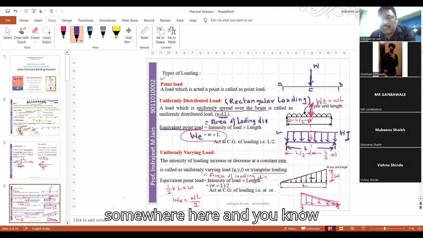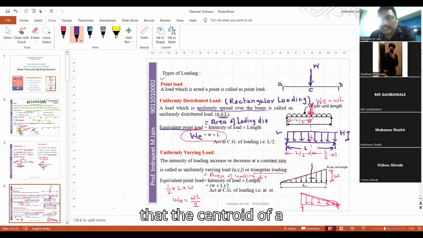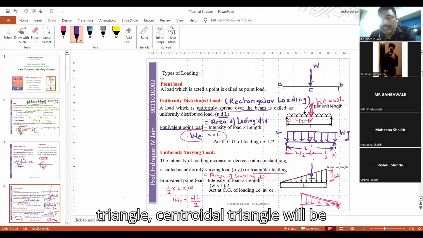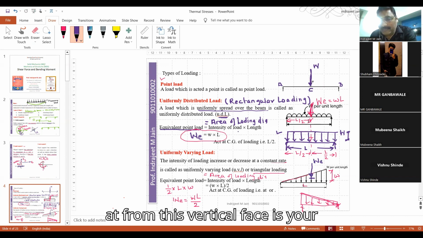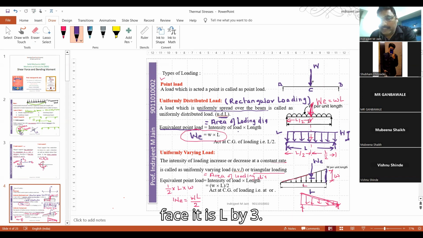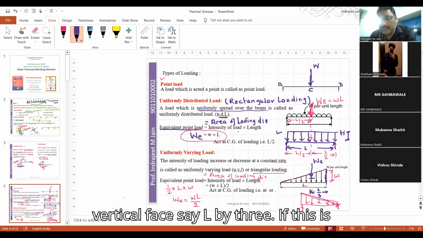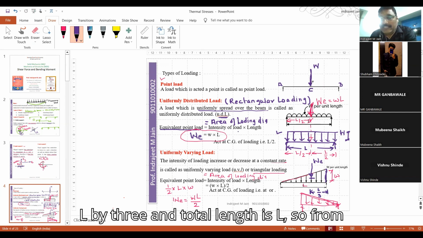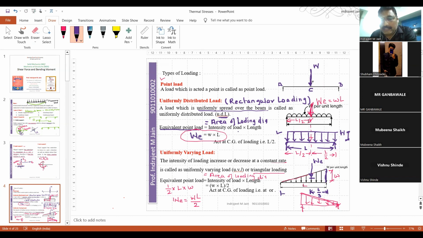And the centroid of this triangular figure is somewhere here. And you know that the centroid of a triangle, from this vertical face, is L by 3. If this is L by 3 and total length is L, so from this apex, it is 2L by 3.